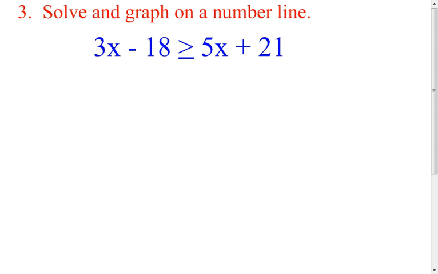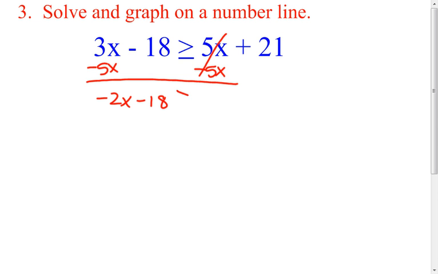All right, a couple more here. I always like to solve these so that I have my x's on the left side so that I can use the little trick of the arrow pointing. So I am going to subtract 5x, which I know makes my x's negative, but that's okay. And then I have negative 2x minus 18 is greater than or equal to 21.